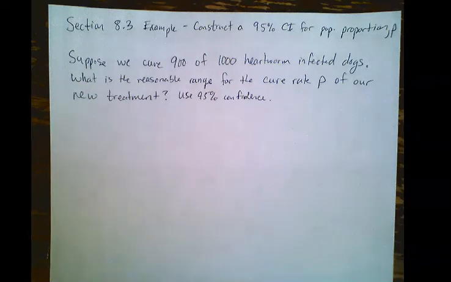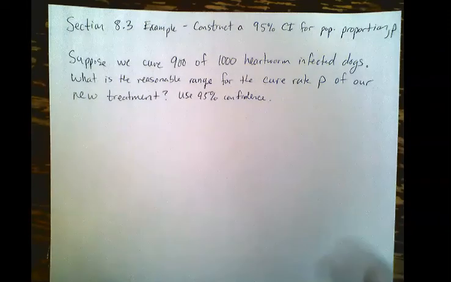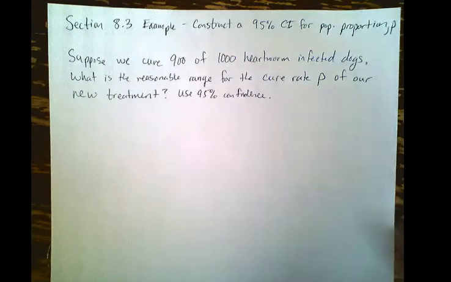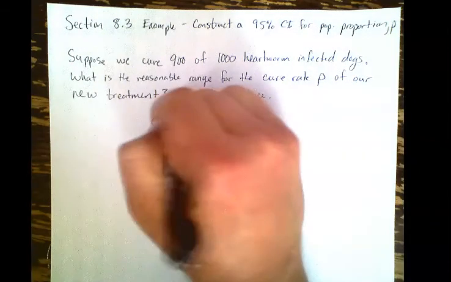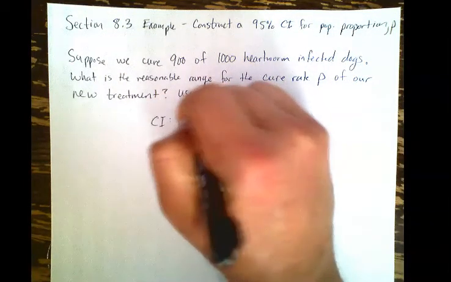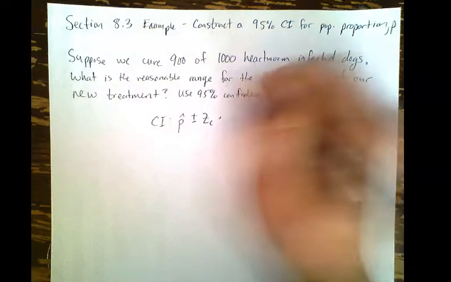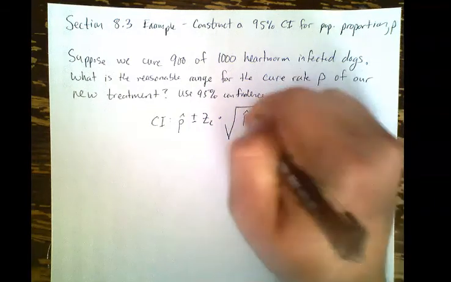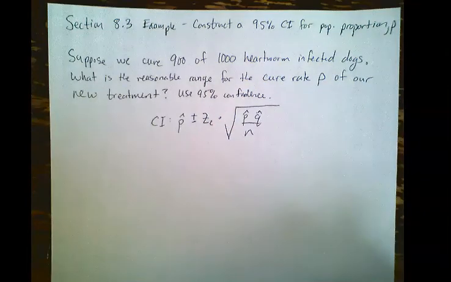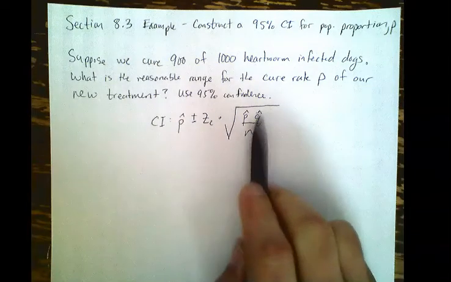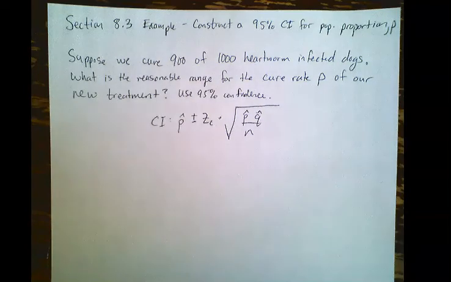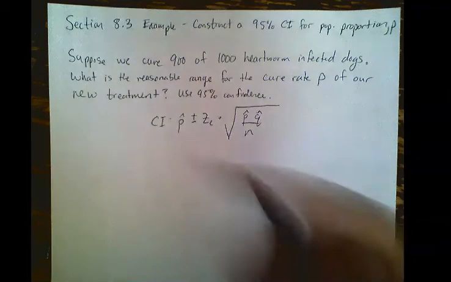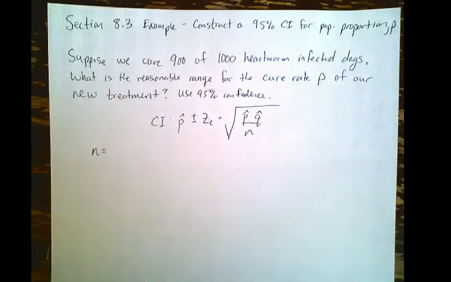Okay. So here we need to use the appropriate formula. Remember, now we're dealing with a population proportion. So the confidence interval formula for that is P hat plus or minus Z critical times the square root of P hat Q hat over N. Again, Q hat is just 1 minus P hat, right? So what we need are P hat, Z critical, and N. So right now, N is 1,000.